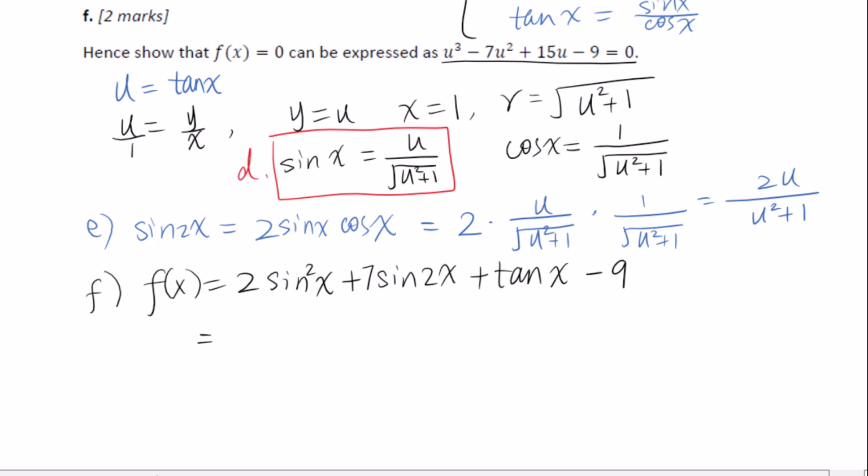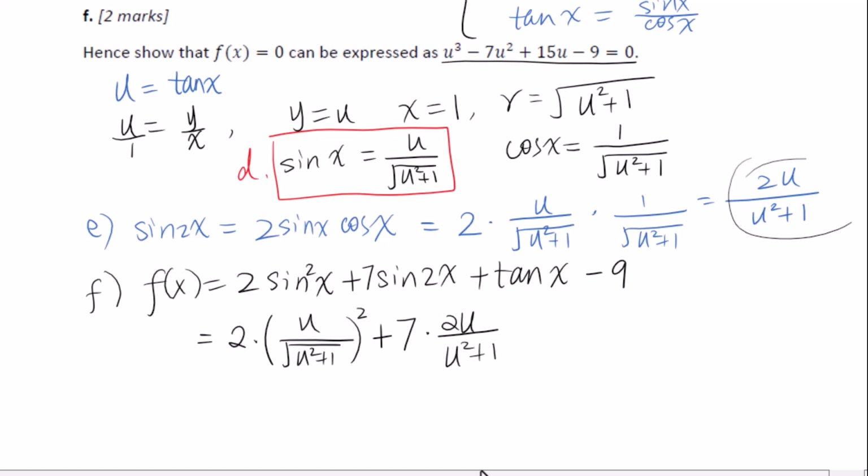We will substitute u over the square root of u squared plus 1 for sine x, plus 7 times sine 2x, which is 2u over u squared plus 1, then plus u minus 9.